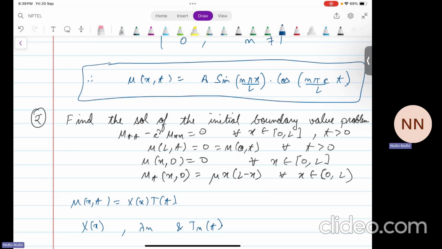Just take u(x,t) as X(x)T(t), then putting it in the given problem u_tt minus c square u_xx equals 0. From there you'll get two equations. On one side you will be having a function of x, on the other side a function of t, and since they both are equal they must be equal to some lambda. And then for different values of lambda, try to see where we can find the non-trivial solution. So I'll be waiting for 10 to 15 minutes. Please try it yourself. After that, surely I'll tell you the solution, but I would like you to solve it yourself first.